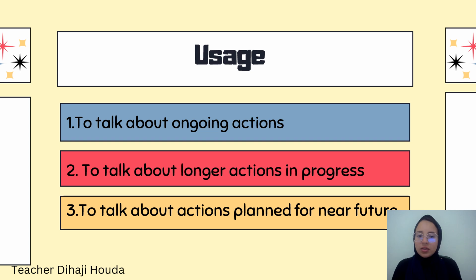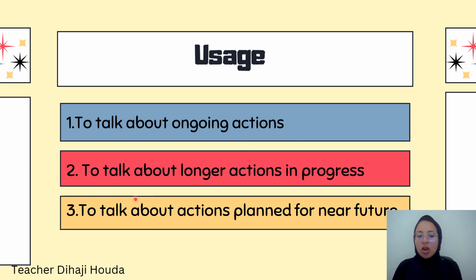In the usage, we're going to tap into the difference between the present simple and present continuous. For the present continuous, we use it when we want to talk about ongoing actions, which means the things that are happening right now. They are ongoing actions, they are still happening, and they are happening right now.